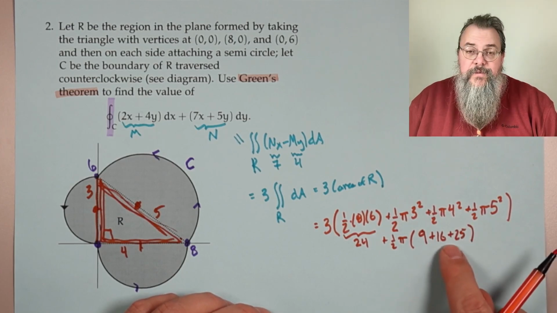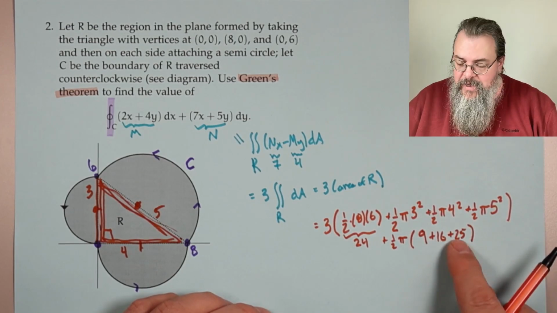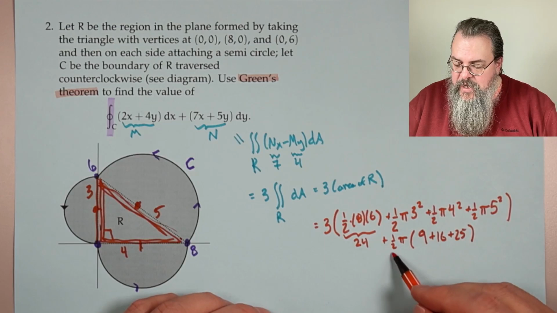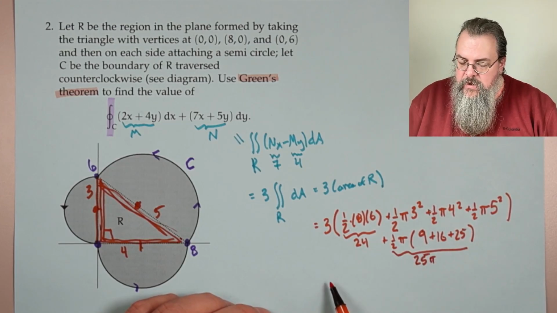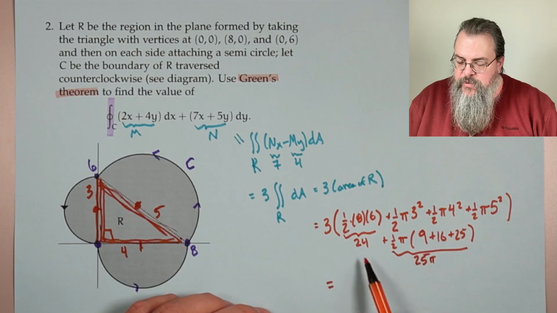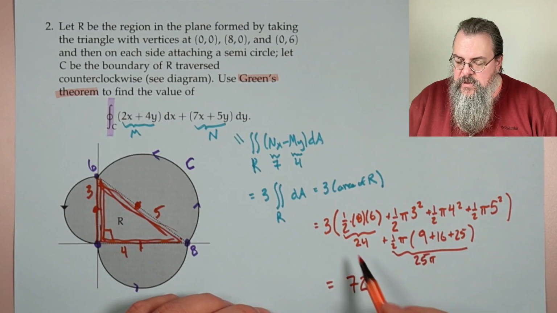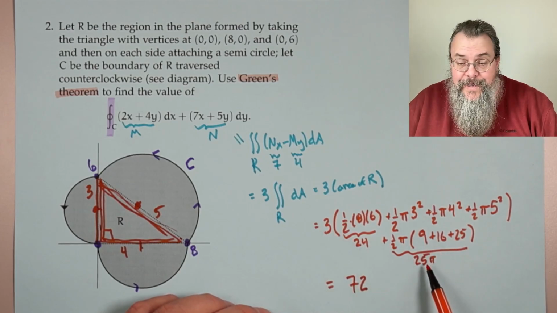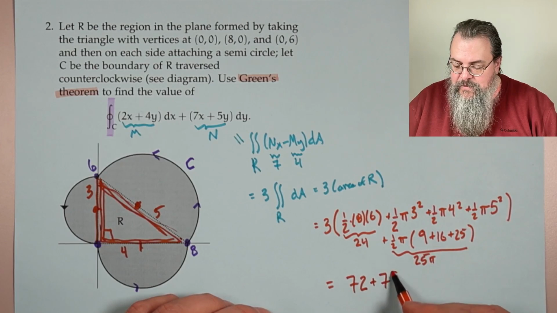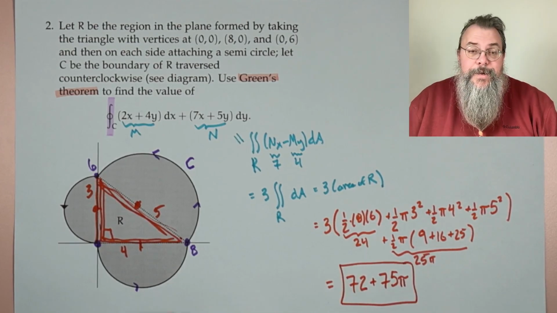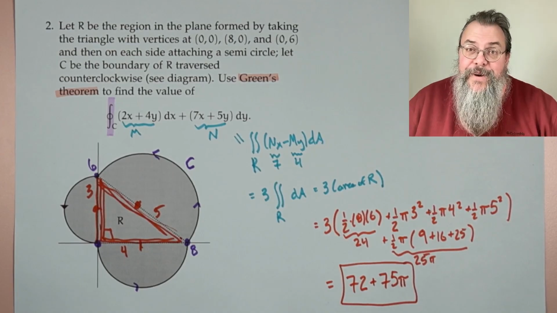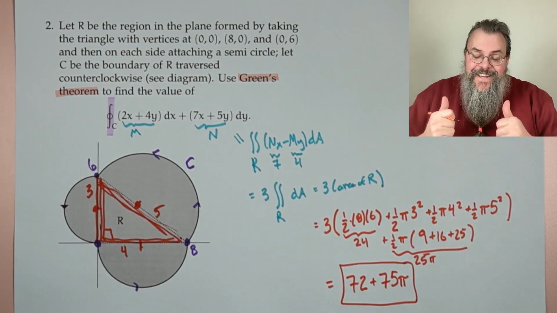And 9 plus 16 is 25, plus another 25 makes 50, times 1/2 pi makes 25 pi. So we end up with 3 times 24, which is 72, and 3 times 25, which is 75, and don't forget that pi. And there we go. 72 plus 75 pi. Nice.